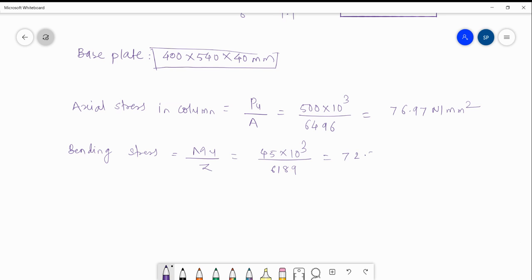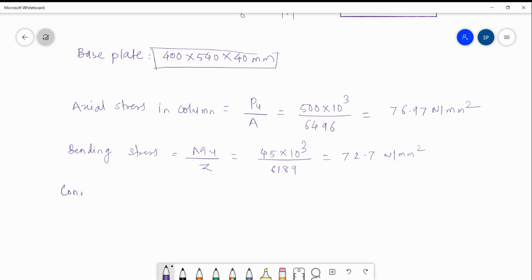This comes out to be 72.7 Newton per mm squared. Now the net stresses acting on column section are compressive on either span. If you consider entire span of column, it is subjected to totally compression. Therefore, the weld is required only to hold base plate and column in position.